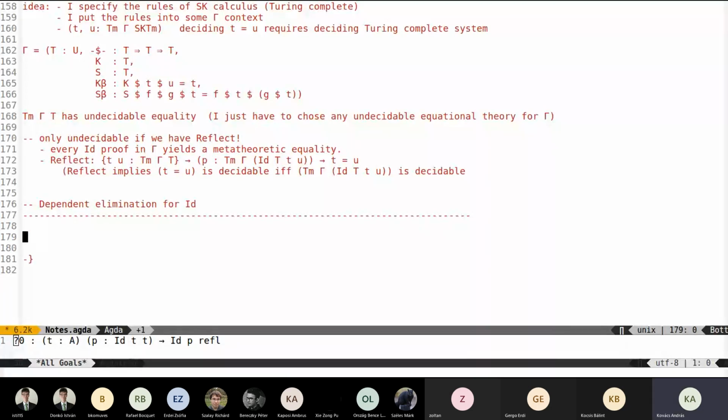So in every elimination rule, for example, going back to bool, in the case of bool, the non-dependent elimination was just if then else. But the dependent elimination allowed some dependency on bool.